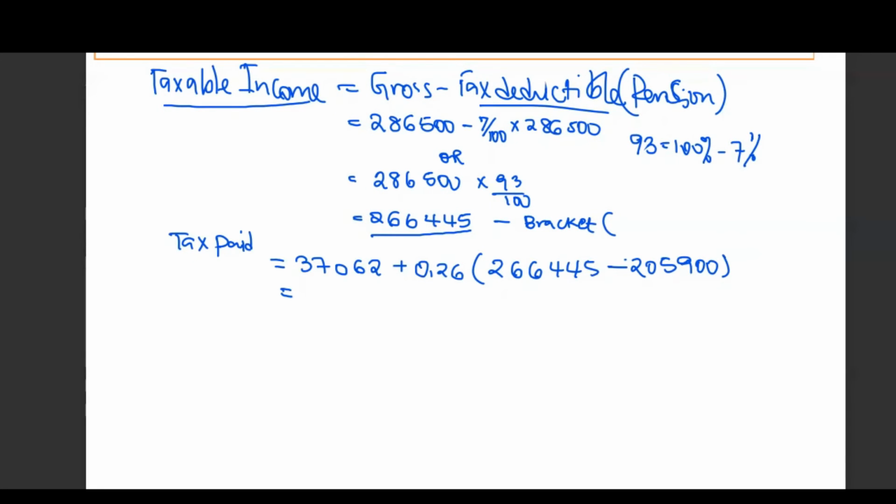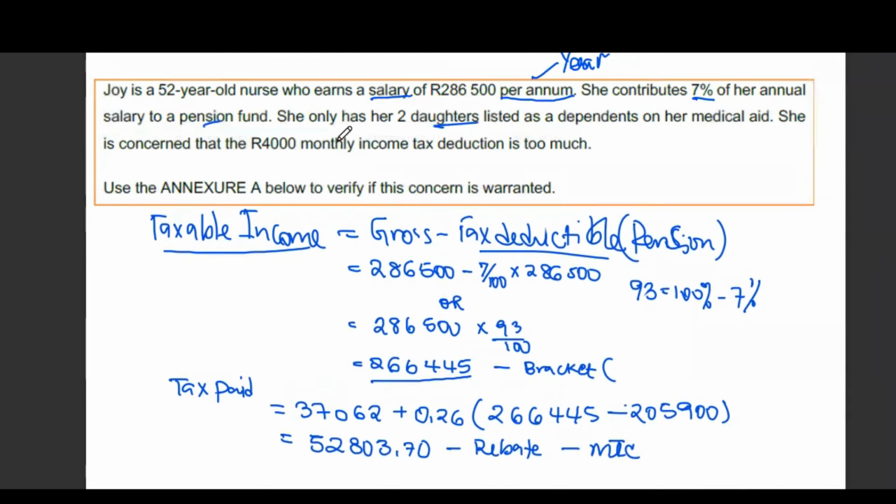So you end up having the answer, and in this time we need to subtract the rebate, and we also need to subtract the medical tax credit. Remember, take note, they did specify the year.